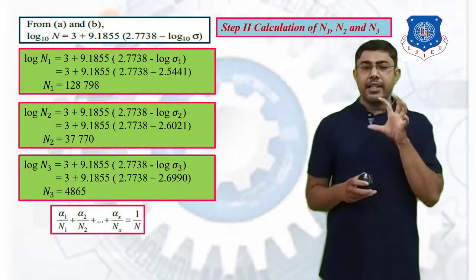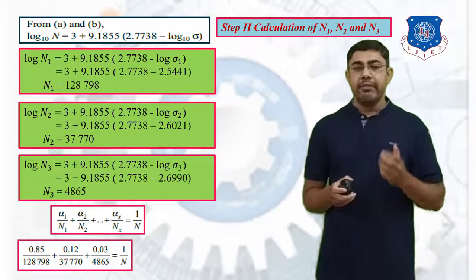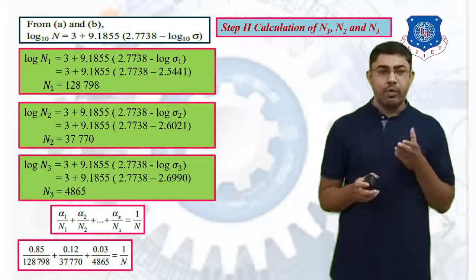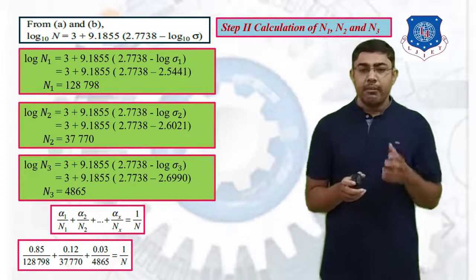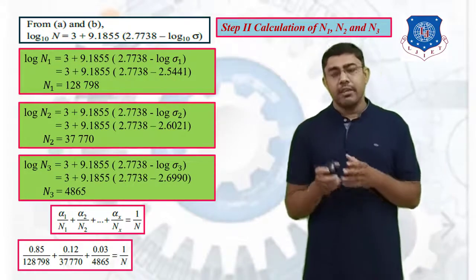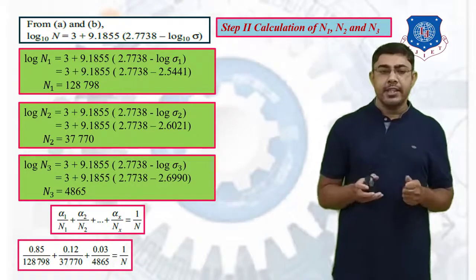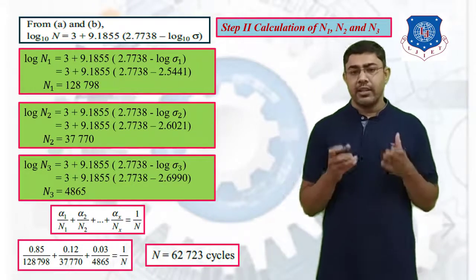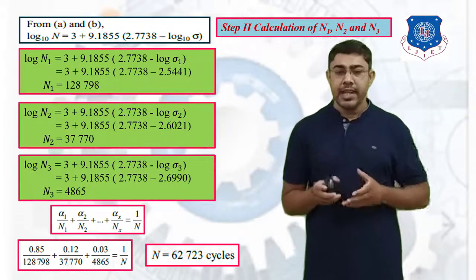So by placing all these values we get the equation: 0.85 divided by 128,798 plus 0.12 divided by 37,770 plus 0.03 divided by 4865 is equal to 1 upon n. By simplifying these equations we can calculate the life of this particular component, that is n is equal to 62,723 cycles.